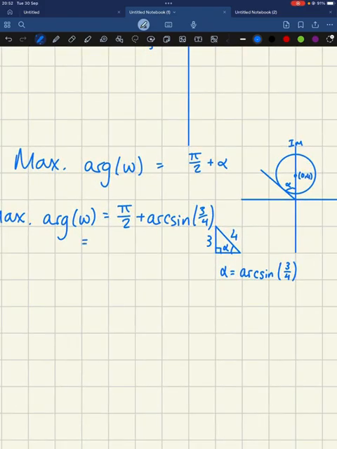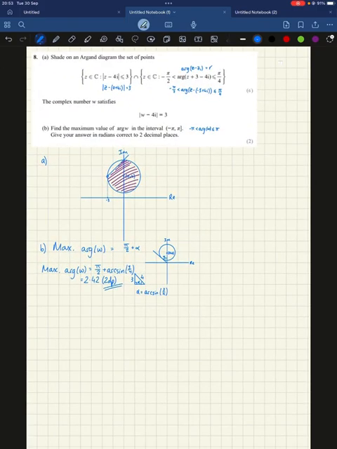To 2 decimal places we get 2.42. So this is our answer, 2.42 radians.